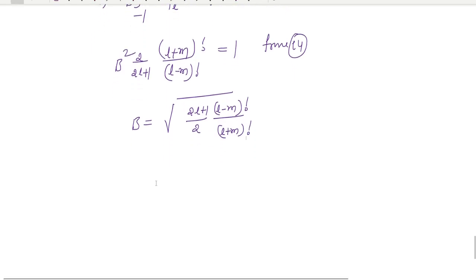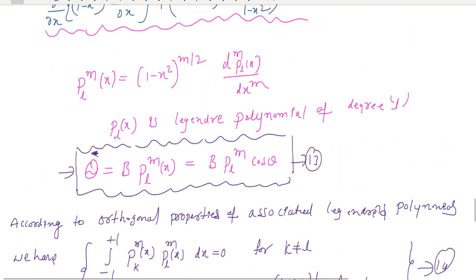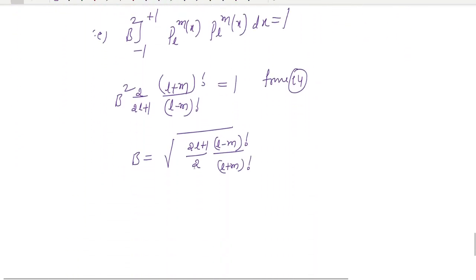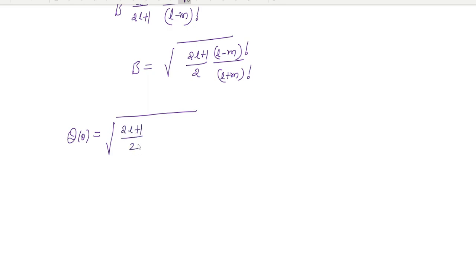We substitute this value in equation number 13. So equation number 13 is this one. B P l m of x, right? We got the theta equation: theta of theta equal to root of 2l plus 1 divided by 2 times l minus m factorial divided by l plus m factorial P l m of x.